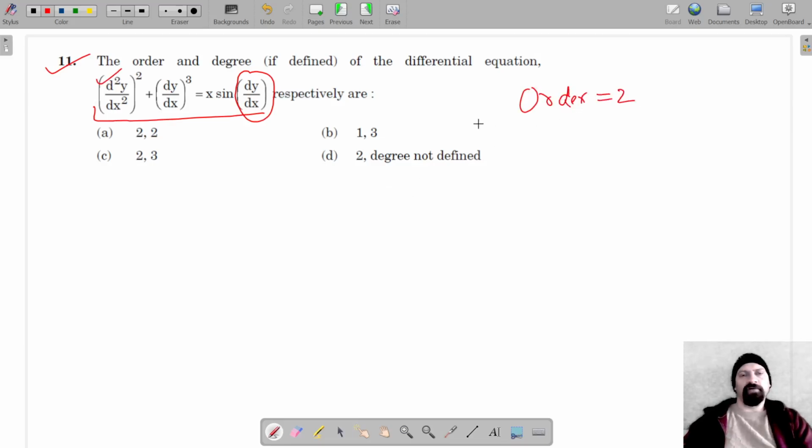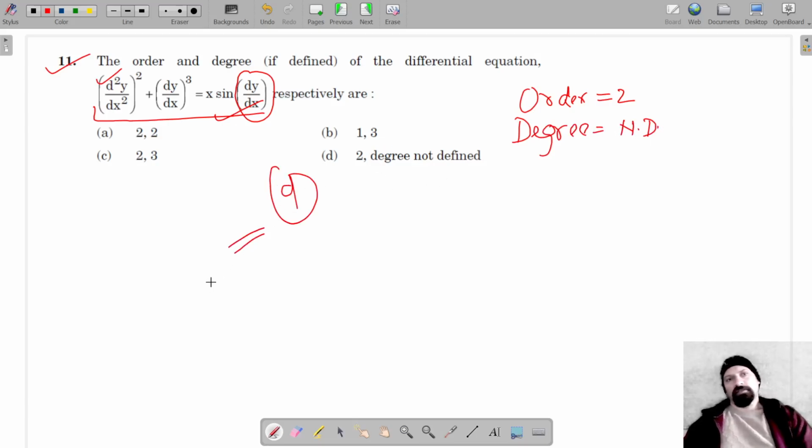The order is defined, but because it's not a valid differential equation, the degree is not defined. This helps us choose option D, that means the order is 2 and the degree is not defined.